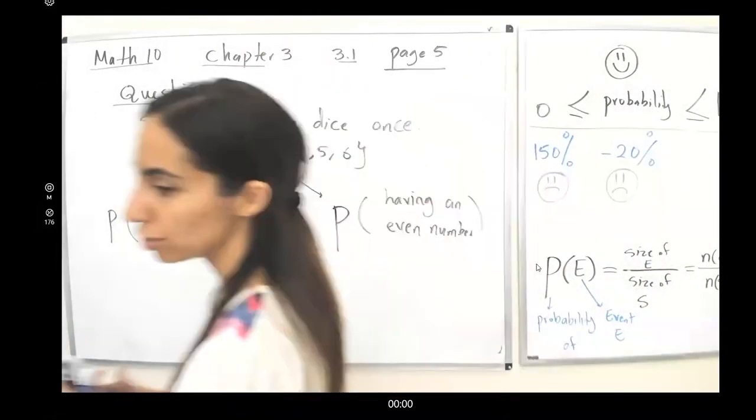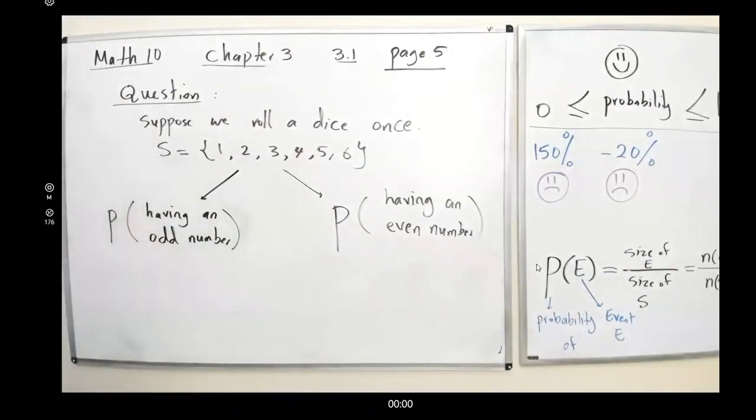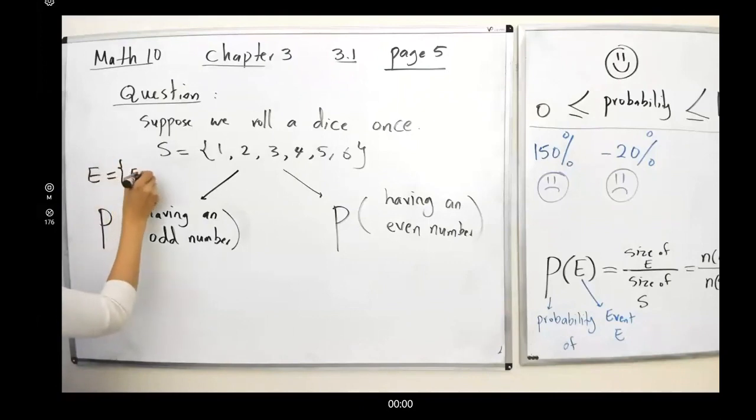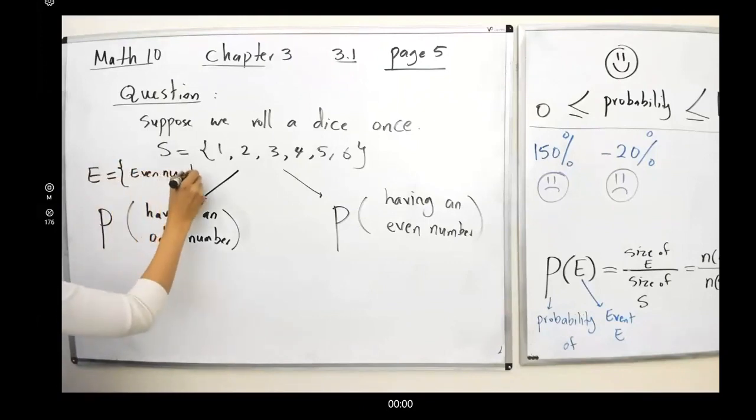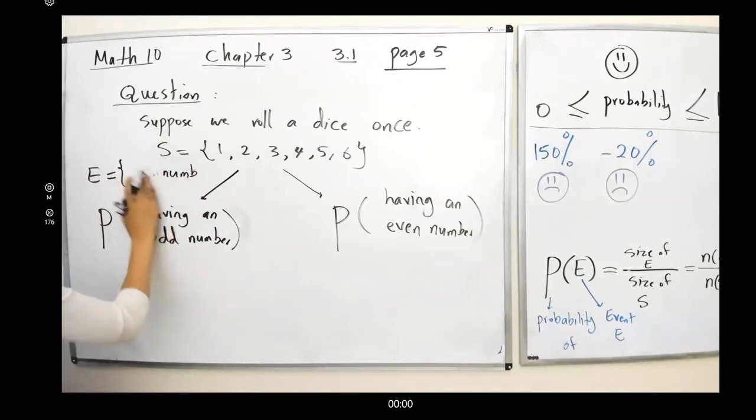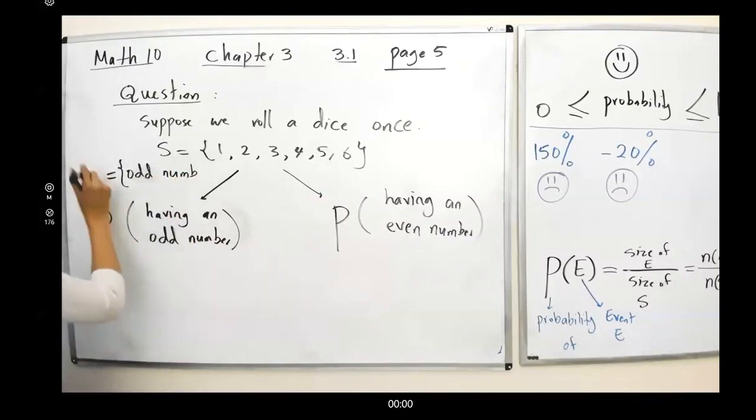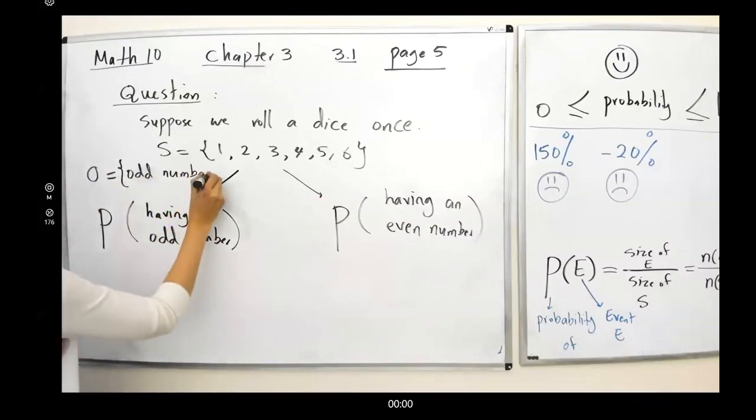So how do we calculate these probabilities? What do you think, guys? Suppose this is the probability of event O, odd numbers.